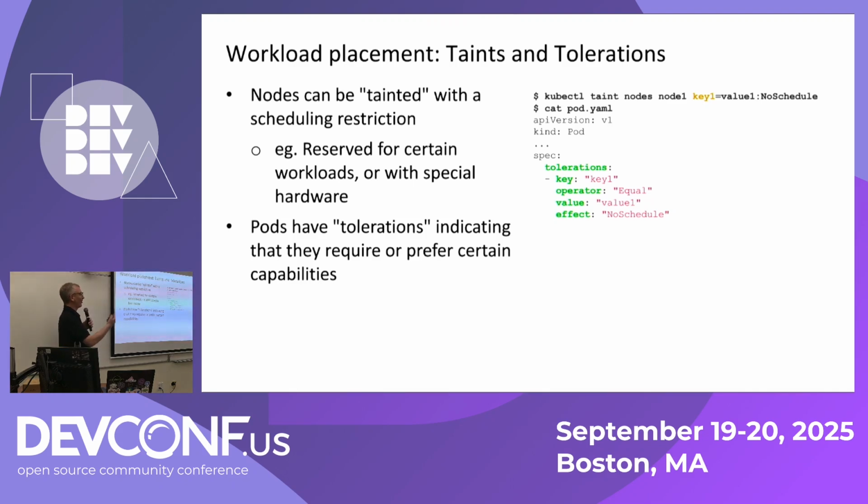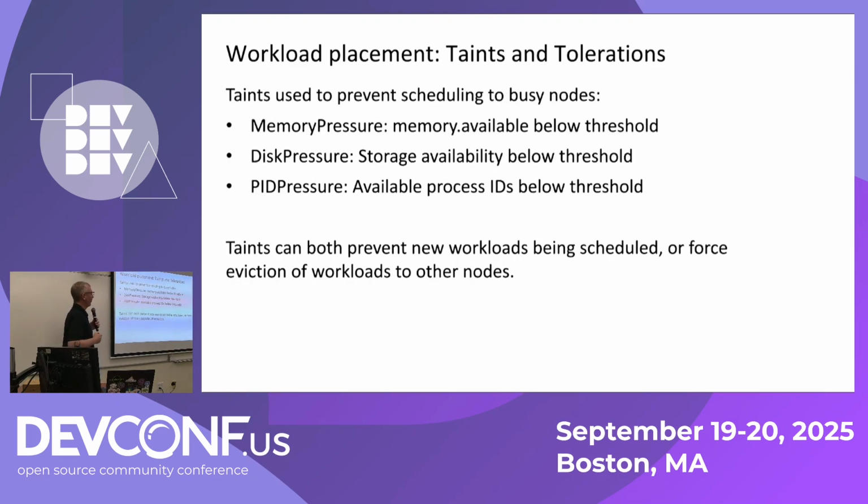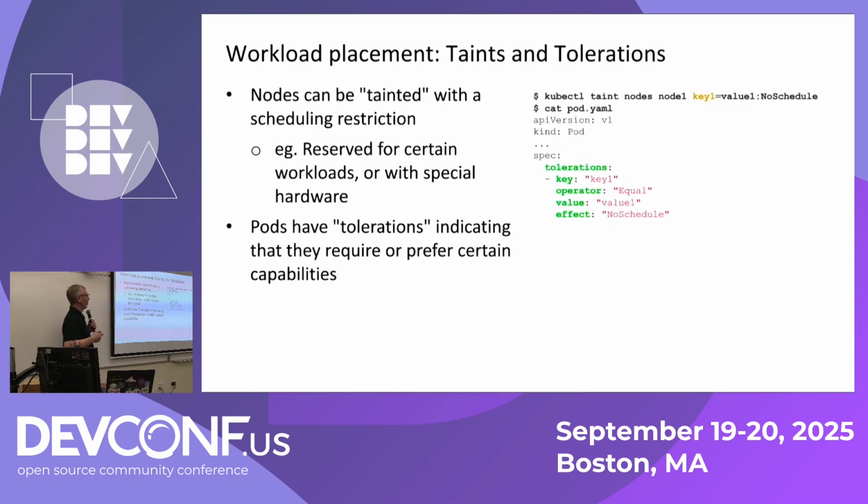And you can use taints and tolerations to manage things like memory pressure, CPU pressure, etc. So taints are used to prevent scheduling for busy nodes with memory pressure, disk pressure, PID pressure. They can both prevent new workloads from being scheduled, and you can force eviction, right? If I hit a limit and all of a sudden I'm out of memory, I can kill or evict workloads that are using a lot of memory. So it's one way that you can do workload placement.